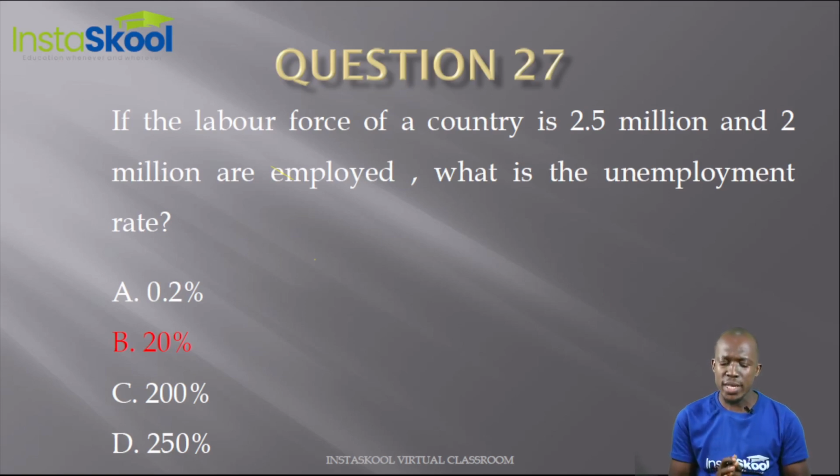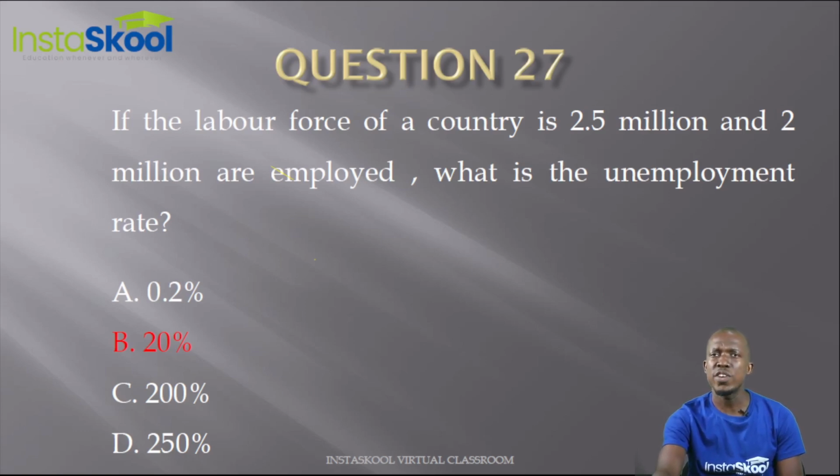Now, to get our unemployment rate, we have to get the number of people who are not employed, and express it as the percentage of the people who are in the country. So, to get the people who are not employed, we will have to deduct the people who are employed, which is 2 million, from the labor force in the country, which is 2.5 million.